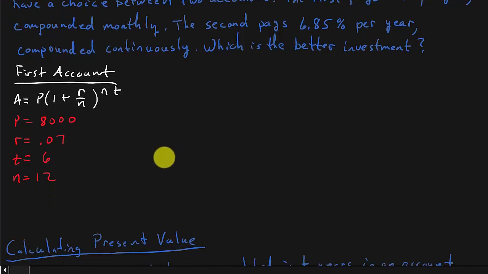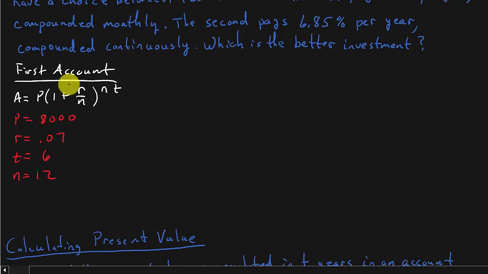And so now all we want to do is plug all of this into our formula. So that's going to give me A equals 8,000 times 1 plus 0.07 over 12 raised to the 12 times T, which is 6.